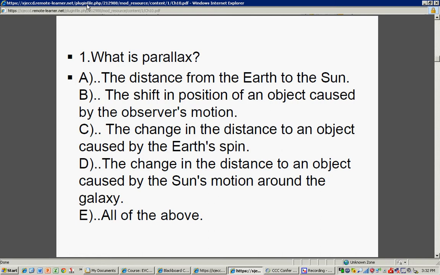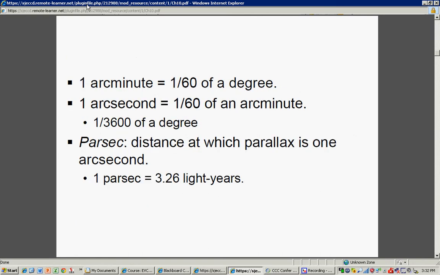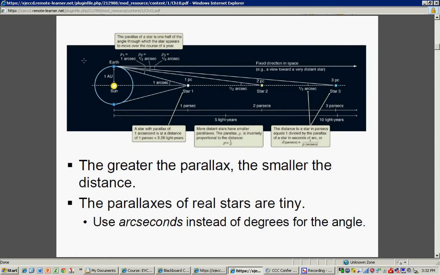How about B? Parallax is the shift in position of an object caused by the observer's motion. Let's go back to here. The observer is moving from here to there, and as a result we see twice the angle we call parallax.